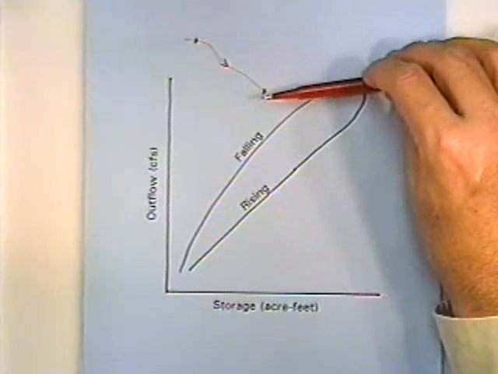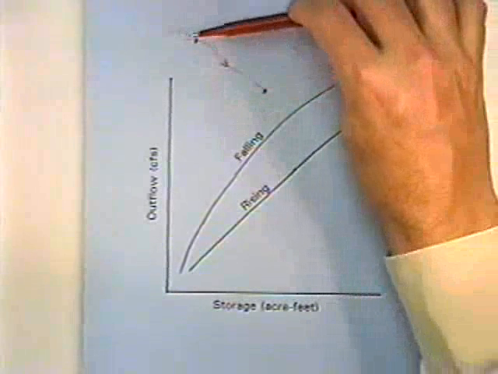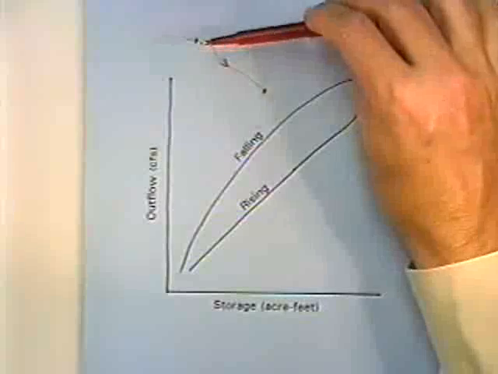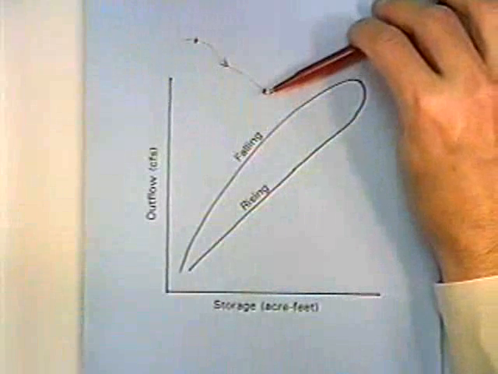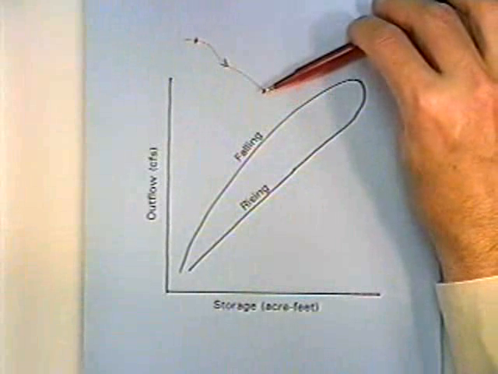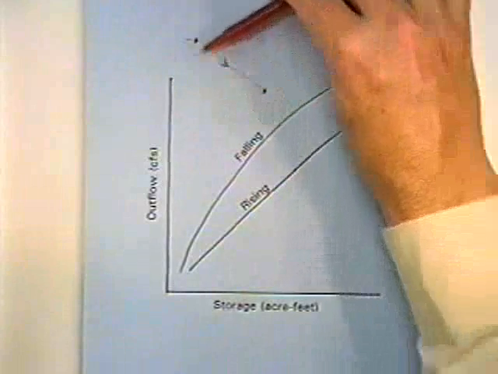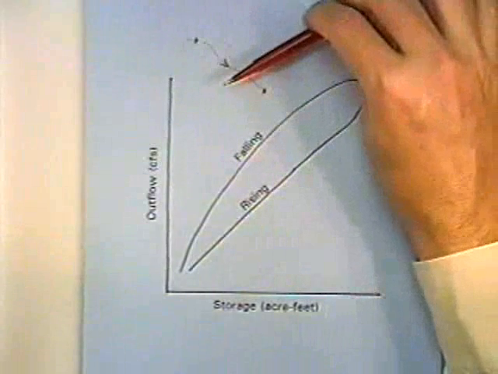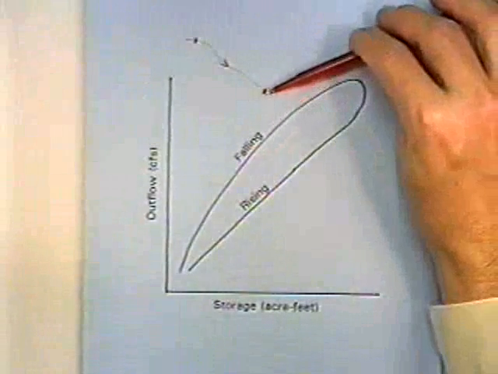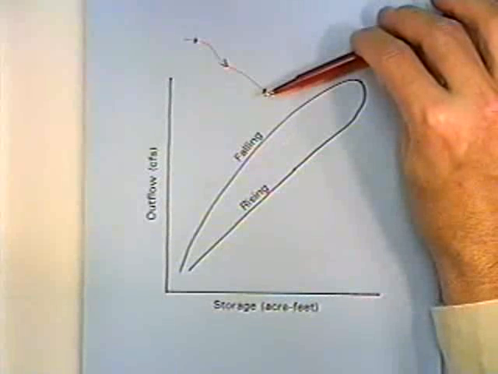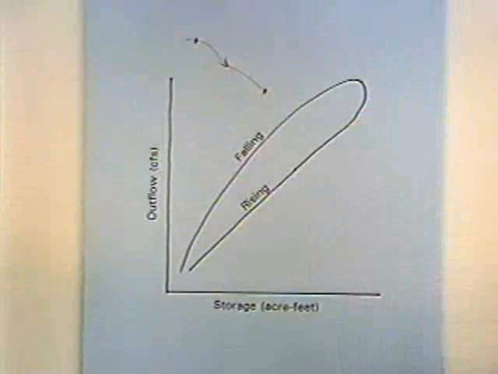Same discharge rate, but you've got much less water in storage, because what's happened is the flood wave has come through, and when the river was rising, even though you had a certain discharge here, the peak of the flood wave was upstream. You had a lot of water stored in the river upstream. But then after the peak goes on downstream, you might have the same discharge here on the falling side of the flood wave, but most of the water's downstream now.